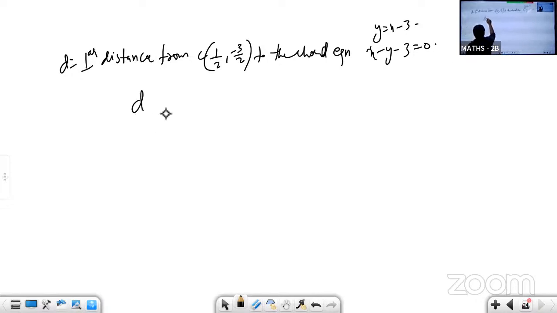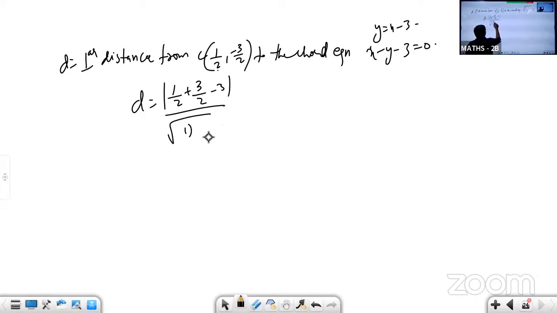So d equal to mod, instead of x, x1, instead of y, y1: 1 by 2 minus into minus plus 3 by 2 minus 3, divided by under root of 1 square plus minus 1 square. Be careful with minus and plus substitutions. If you do something wrong with plus and minus, you are going to get wrong answers.